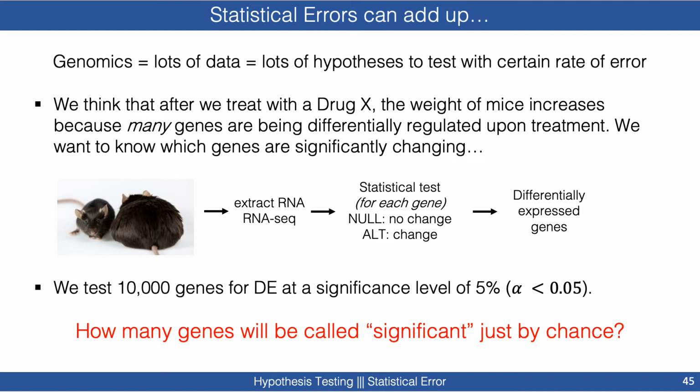Now, you are going to have a different problem, because although the probability of rejecting the null hypothesis, or saying that a gene is differentially expressed, where the null hypothesis is that the gene is not differentially expressed, is still 5% for each one, you're testing thousands of them.